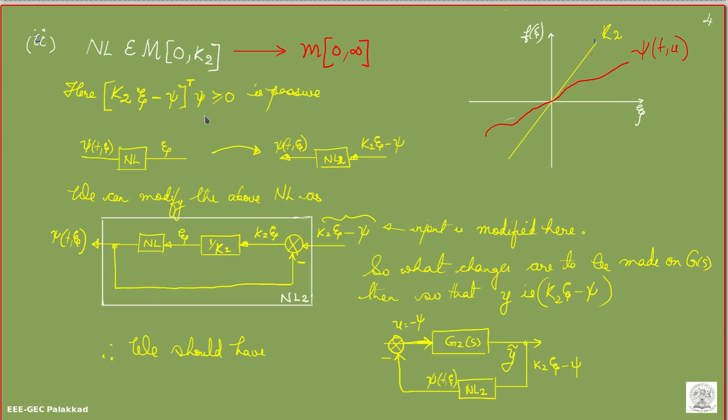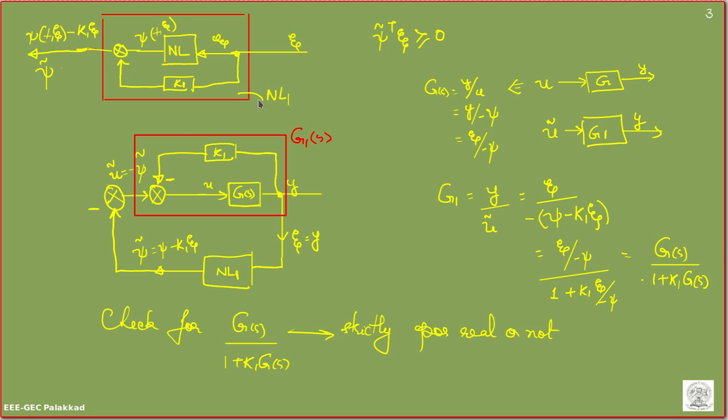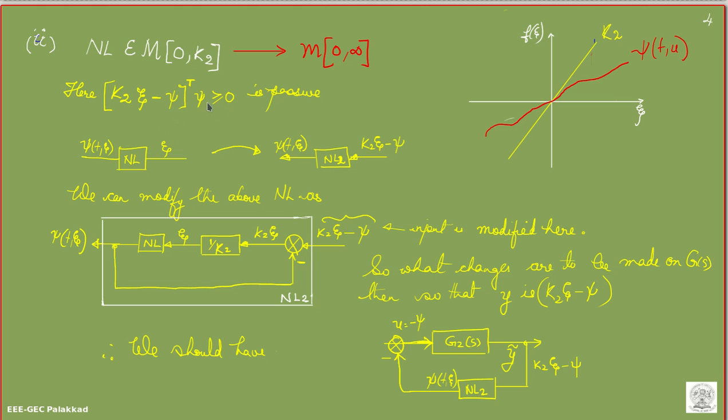So here what we are going to do is, instead of changing in the first system, what we had done is we had kept the input to the nonlinearity constant and the output we had made as psi tilde. For the second case, we will keep the input as k2 zeta minus xi and the output as xi as a constant here, psi as the previous thing.